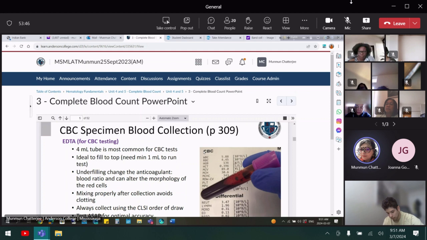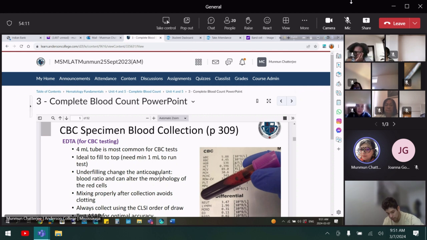If you take a short draw, what is going to happen? The RBC shrinks. So the CBC tube is a 4 ml tube, and sometimes you don't need to fill the total tube.